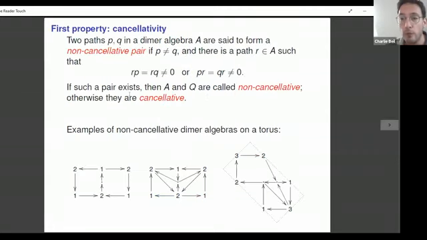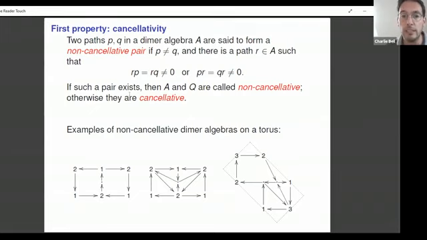Okay, so the first property of dimer algebras that we'll look at is cancellativity. Two paths P and Q in a dimer algebra A are said to form a non-cancellative pair if P is not equal to Q in the dimer algebra, and there is a path R such that RP equals RQ and the product is non-zero, or PR equals QR and that product is non-zero.